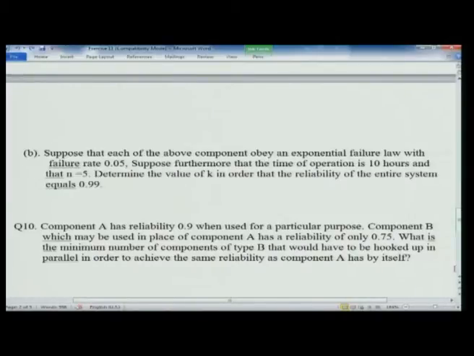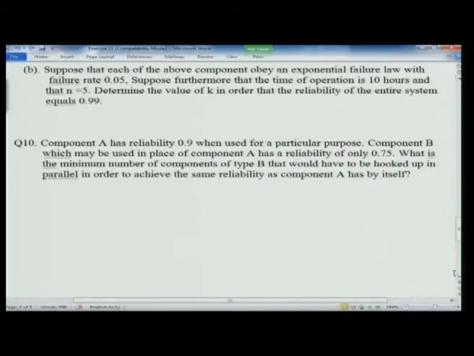You will enjoy doing this problem, because k is not given to you. But when you write down the reliability function, it will be a function of k, and then you put the value for 10 hours, right. So, your t is 10 hours. Then you substitute that in the expression and put the whole thing equal to 0.99, then you will get the value of k. Interesting problem, I am sure you will enjoy doing it.